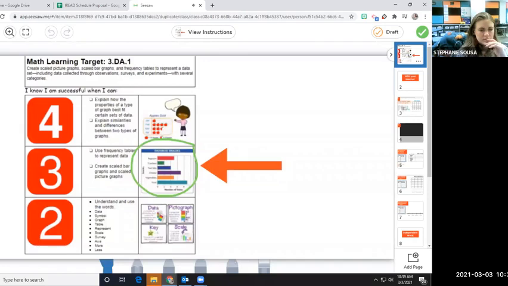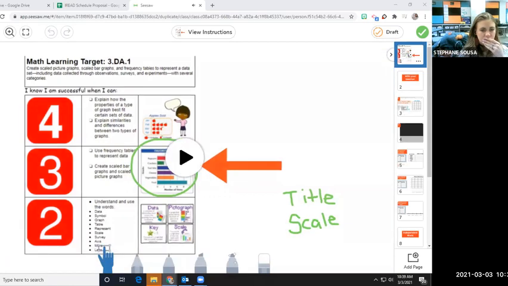Today, when we are working on our graph, we'll be talking about the title, what categories are in the information, and most importantly, today we're going to talk about the scale. How do we figure out what scale to use when we are creating a graph? I can't wait to learn with you.